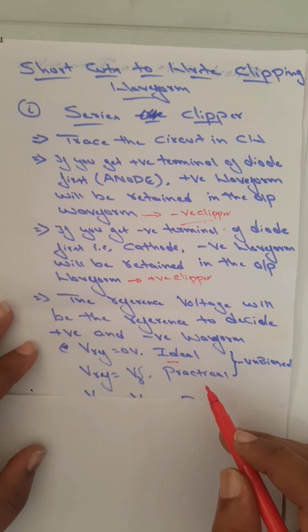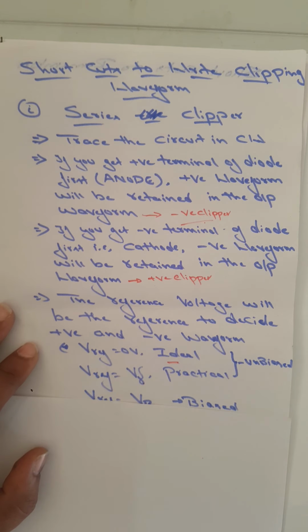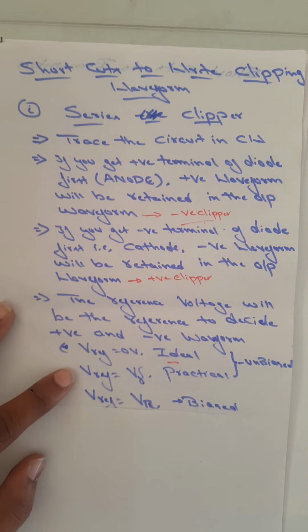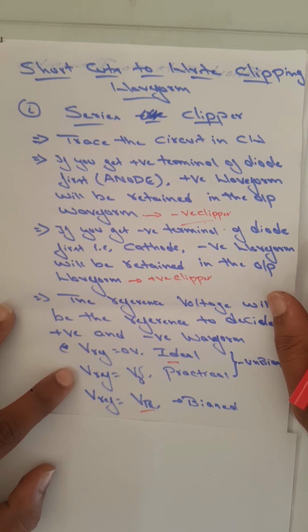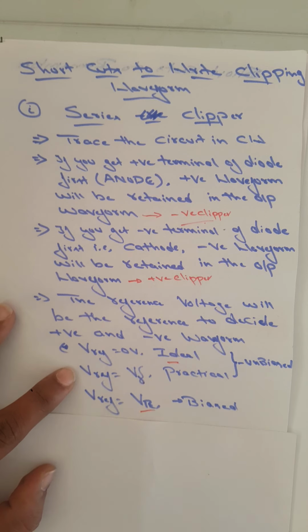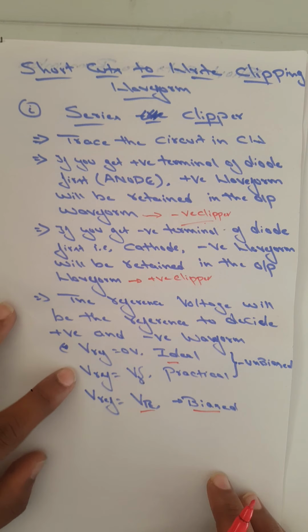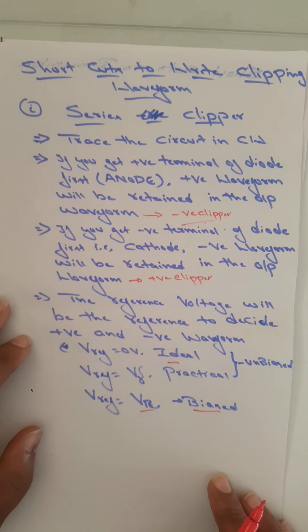In case of a practical diode, the cut-in voltage becomes the reference, so above V cut-in is positive and below V cut-in is negative. In case of bias, the reference voltage VR becomes the reference, with above VR positive and below VR negative. These are the steps you should follow in order to write the waveforms directly from the given circuit.